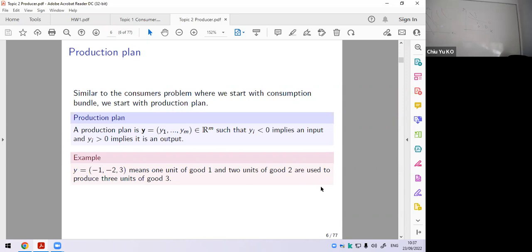But that cannot be done for production, especially when you produce more than one good. You cannot reduce production of two types of car into a single composite index. So that makes things very complicated.